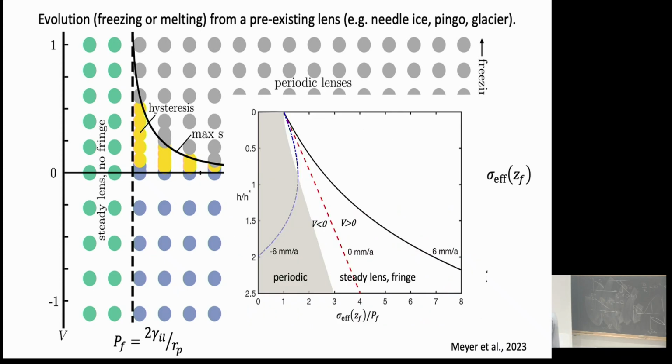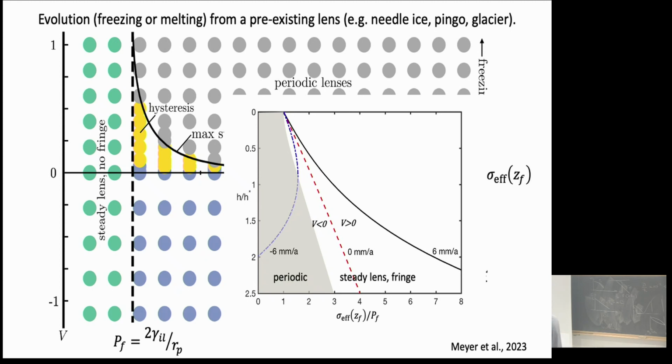What I've plotted here is the thickness of a frozen fringe, scaled appropriately, as a function of the effective stress, also scaled appropriately. Scaled actually in the same way here, so that if the effective stress were equal to this penetration thickness, we would have a value of 1 right here.